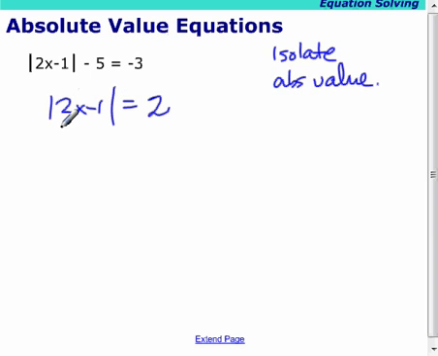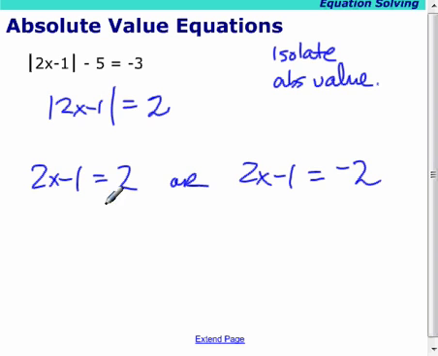So whatever's underneath there could be a positive 2 or it could be a negative 2. So let's write those. 2x minus 1, whatever's underneath there, could be a positive 2, or 2x minus 1 could be a negative 2.